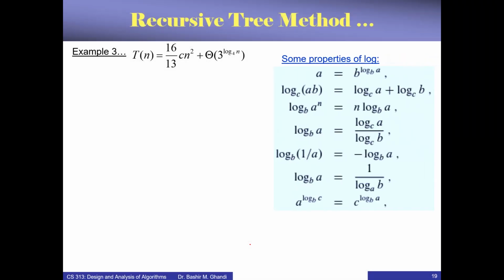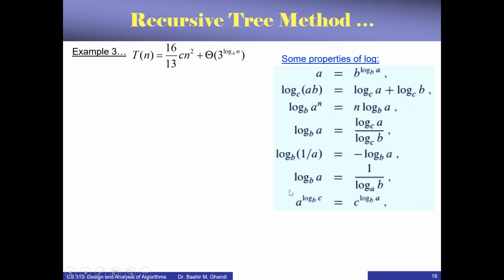Okay, so to simplify this, we need to remember some properties of log. Particularly, we have to remember that the log and the power function are reciprocal. So a is the same as b to power log of a to base b.